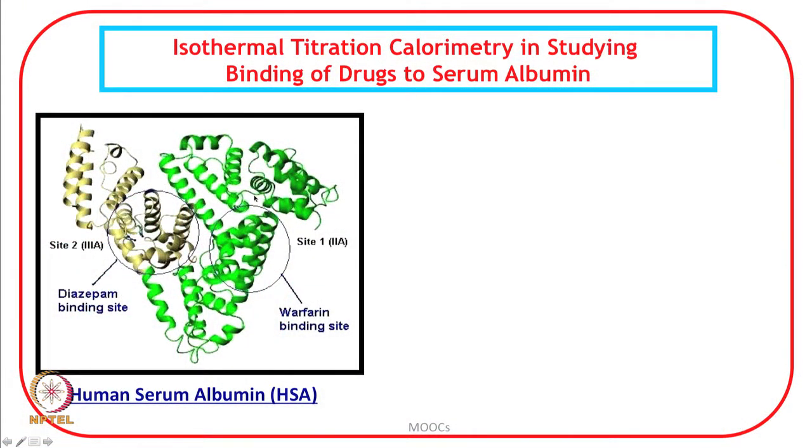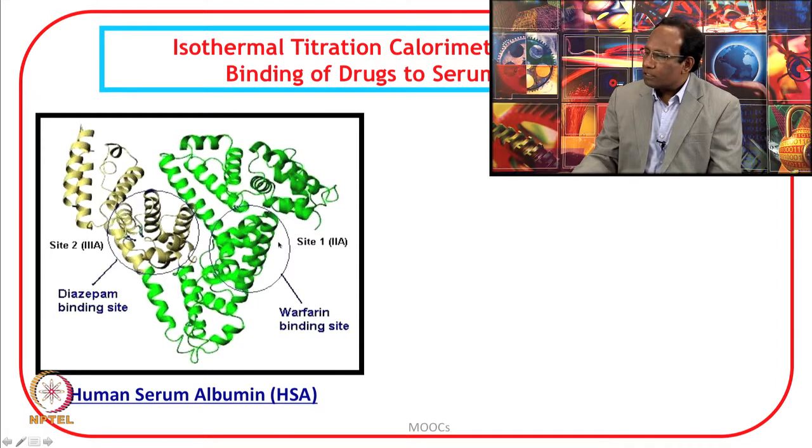Now let us take a look at the structure of human serum albumin. It is a heart-like structure, and the different domains are shown, and at least two sites, site 1 and site 2, are shown here.